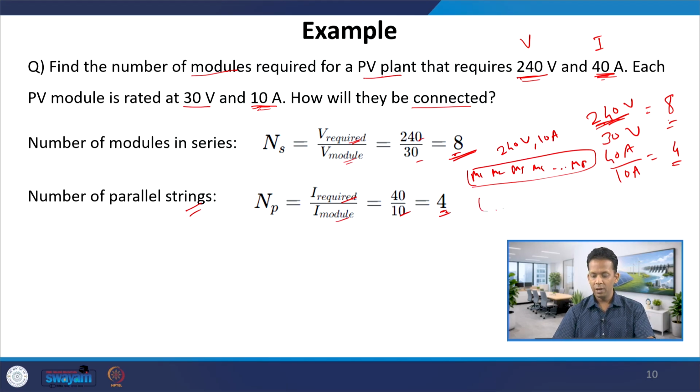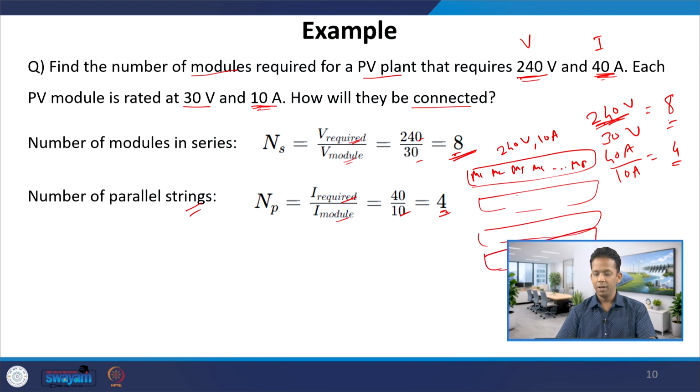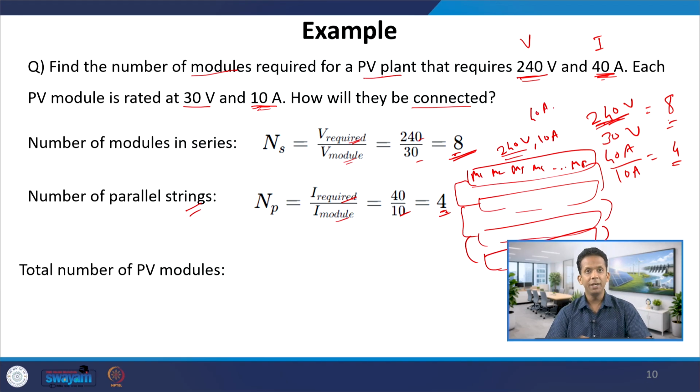Now, if we have 4 such strings and connect them in parallel, voltage is going to stay the same, but current will be added up to 40 ampere. So, the total number of modules is going to be 8 into 4, 32.